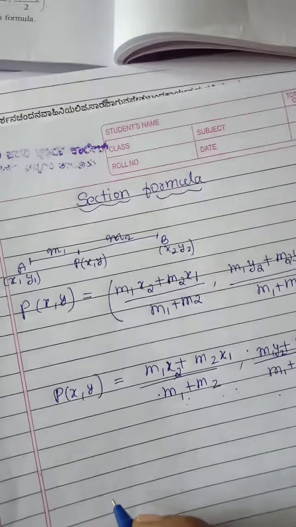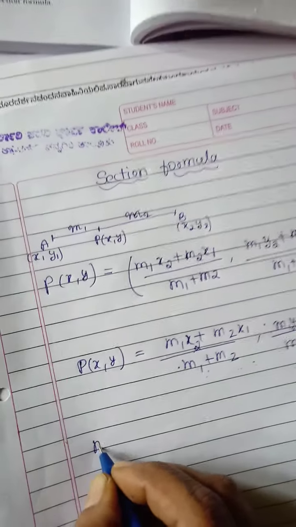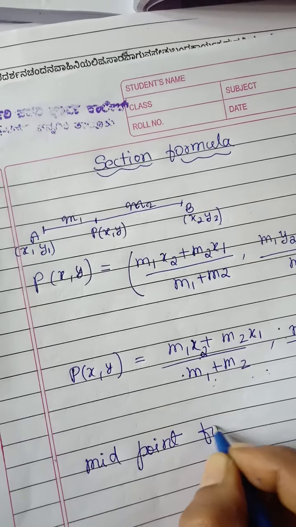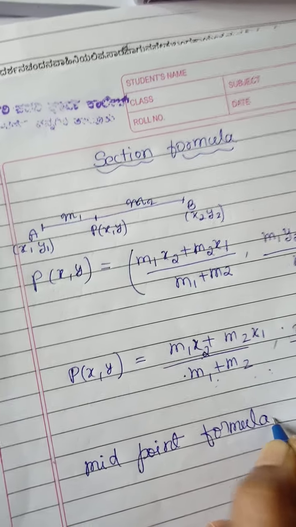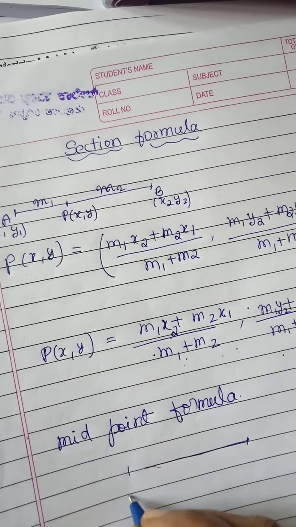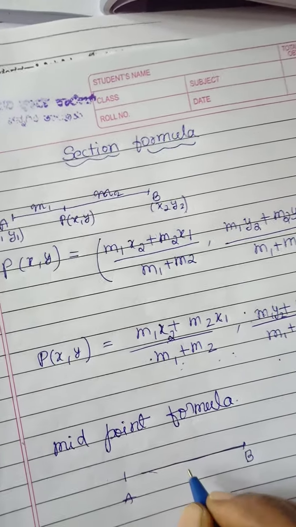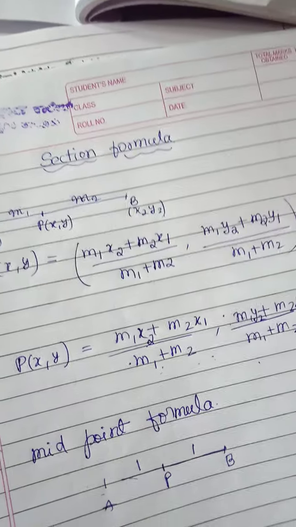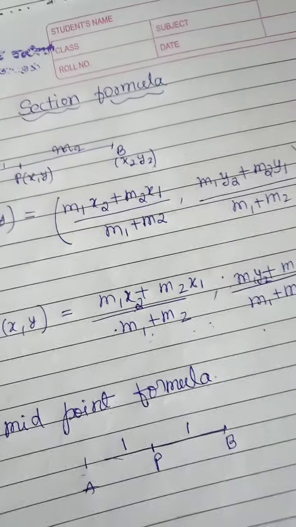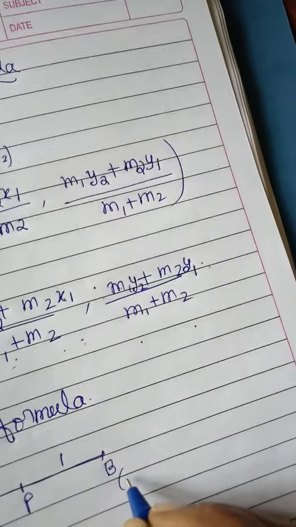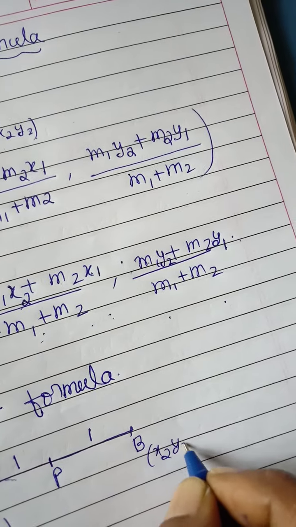See, we also get the midpoint formula. Suppose this is a line segment AB, and this is the point P which divides AB in the ratio 1 is to 1. Here m1 is 1 and m2 is also 1. The coordinates of A are (x1, y1) and the coordinates of B are (x2, y2).